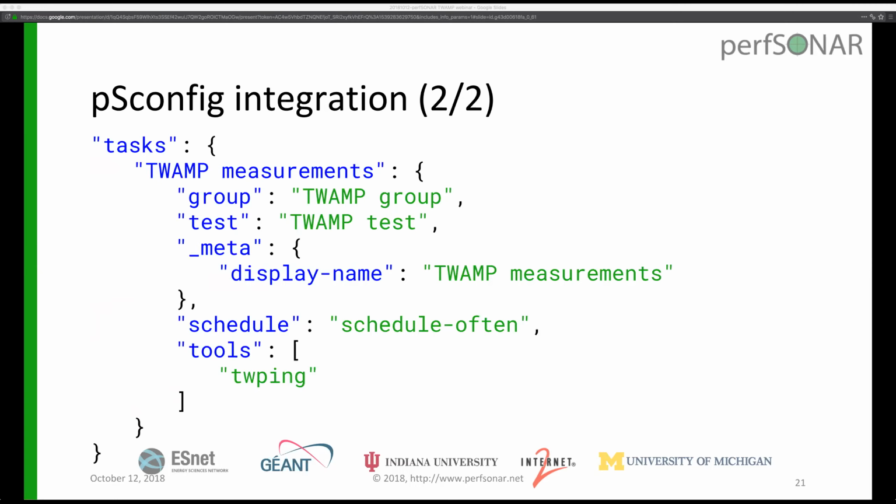And the important bit here is that I have to specify with which tool I want to run the latency test, and this is with TWPing. So this should be really straightforward if you know about the pSconfig template that exists in the last major version of perfSONAR since 4.1.